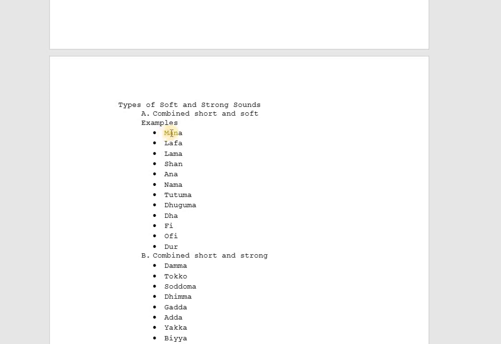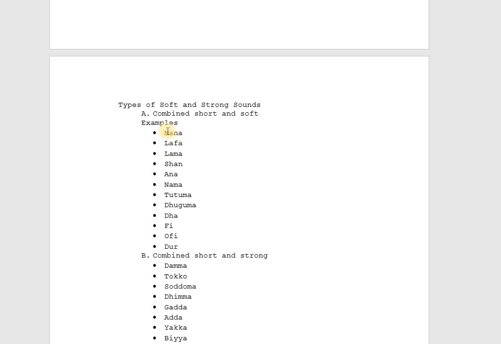We have two sounds, ma and na, and their vowels are a, and we say mana. If we add here, na is not short anymore, it is long. So the way we read this is mana. That's why these words are all short and they are all soft.